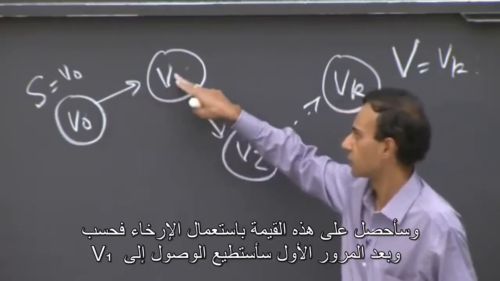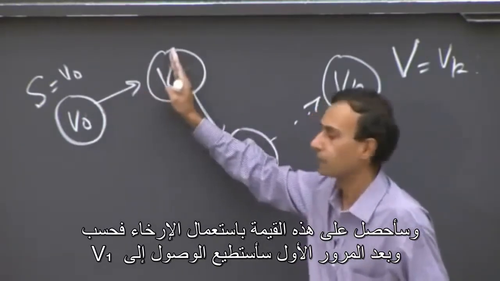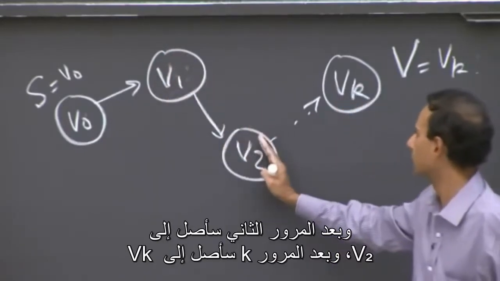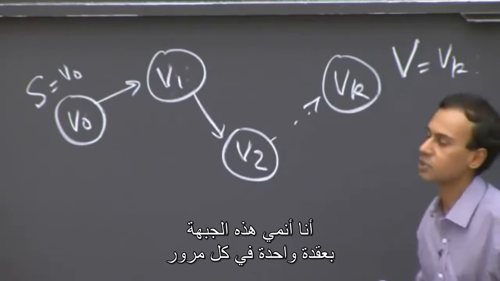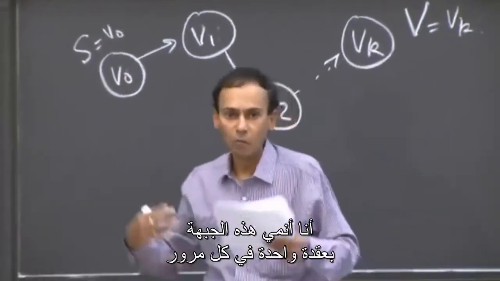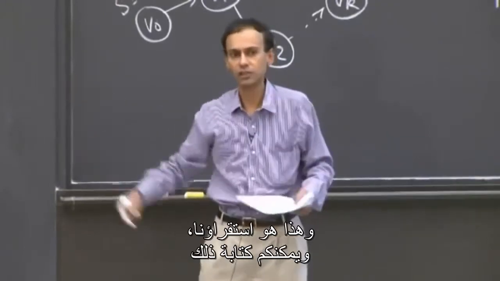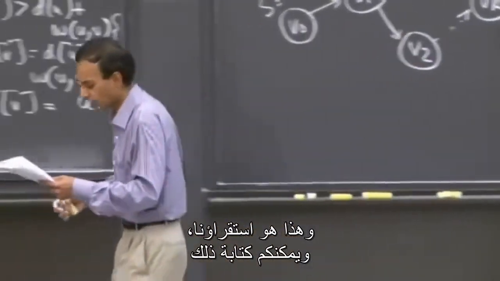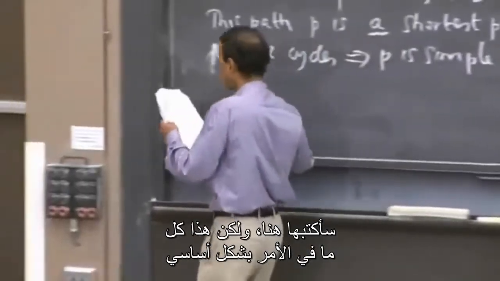It's this relaxation that's going to get me that value. After the first pass, I'm going to be able to get to V1. After the second pass, I can get to V2. And after K passes, I'm going to be able to get to VK. So I'm just growing this frontier one node every pass. And that's your induction. I'll write it out here, but that's basically it.